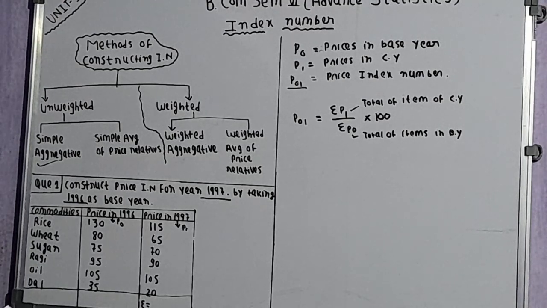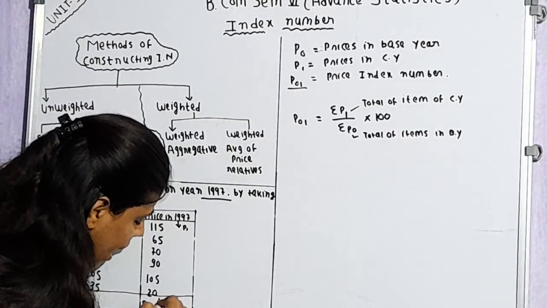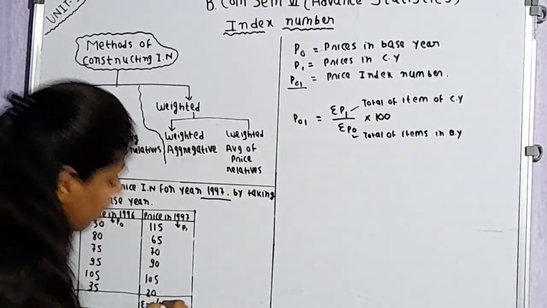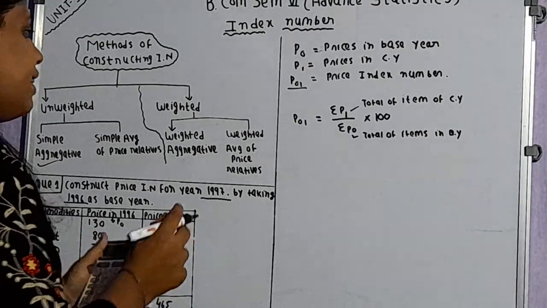Rice 115, wheat 65, sugar 70, ragi 90, oil 105, dal 20. So we have got 465 as the total of prices for the current year.